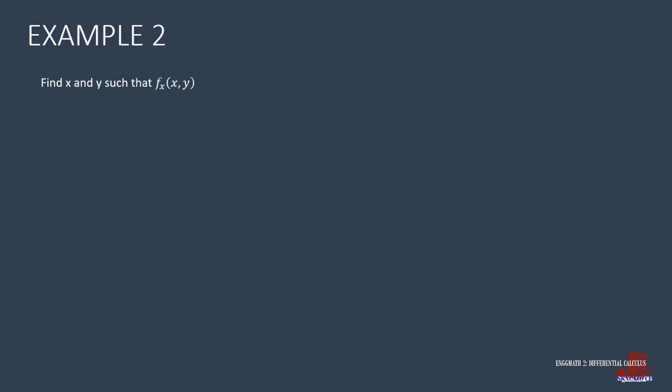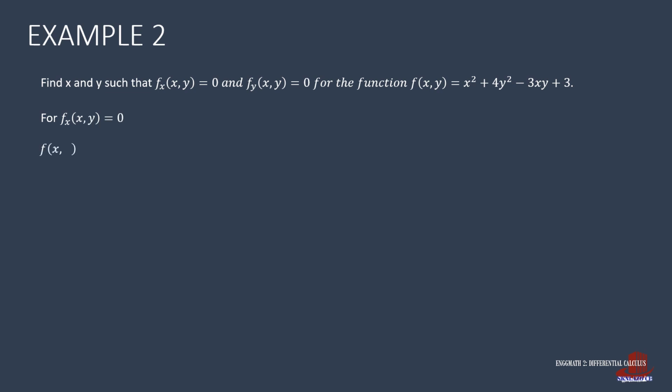Example 2 is similar to the previous one, with the function x squared plus 4y squared minus 3xy plus 3. With f sub x as 0, we determine f sub x as the derivative of x squared plus y squared times the derivative of 0 minus 3y times the derivative of x plus 3 times the derivative of 0. dx over dx is 1.